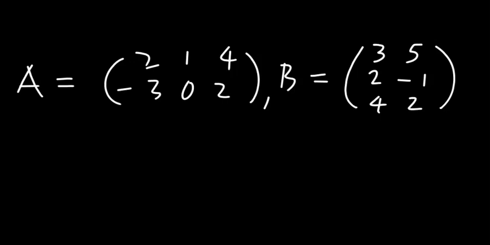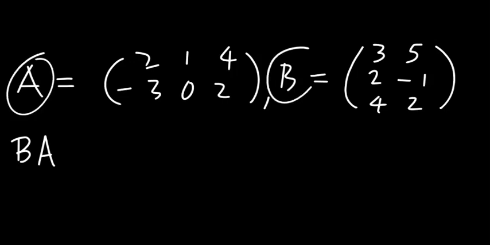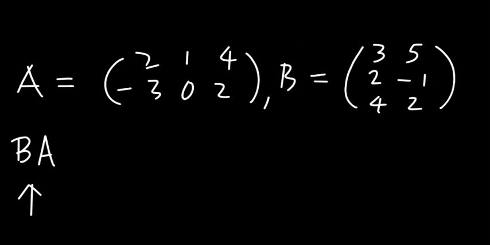Now let's take the following multiplication. B times A. They're the same two matrices, but now the multiplication is performed with an opposite order. Matrix B has an order of 3 by 2. Matrix A, the order is 2 by 3.